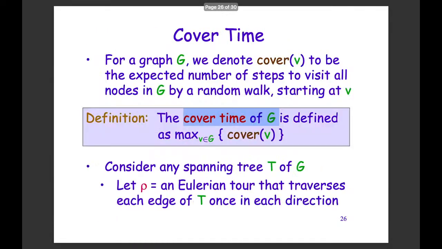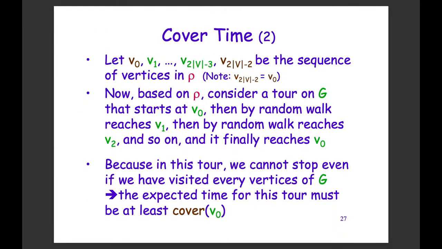So obviously, this walk is one of the ways to cover the graph, but this is not the cleverest way to cover the graph. So in that case, the expected time for this so-called tour that we are restricted to, we must agree with how the spanning tree T and the Eulerian tour of T define it. It must have at least cover time of V0.